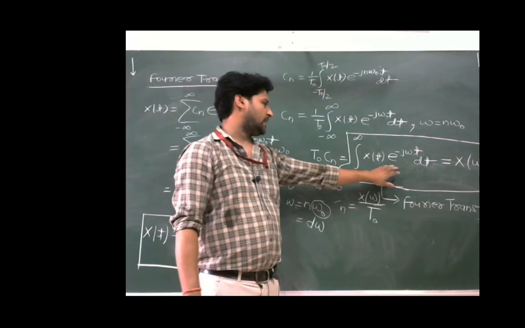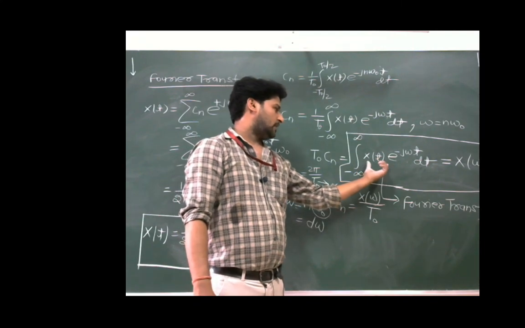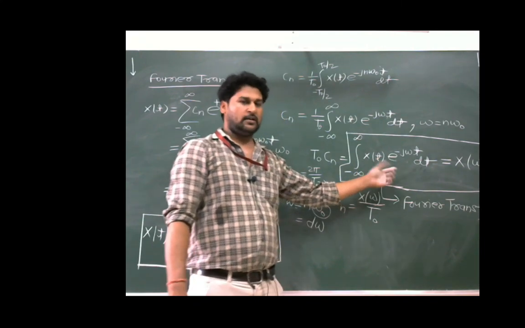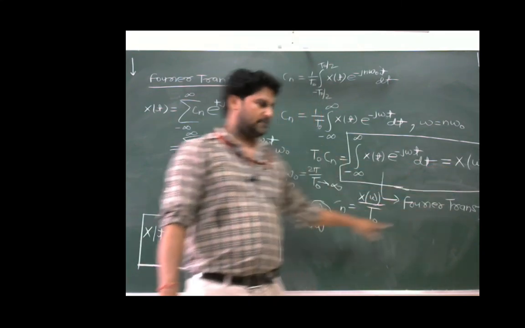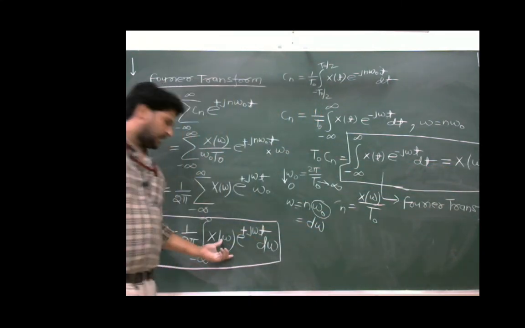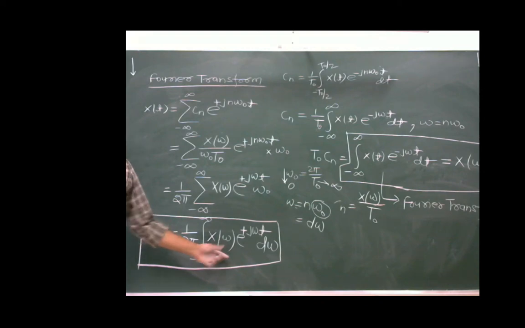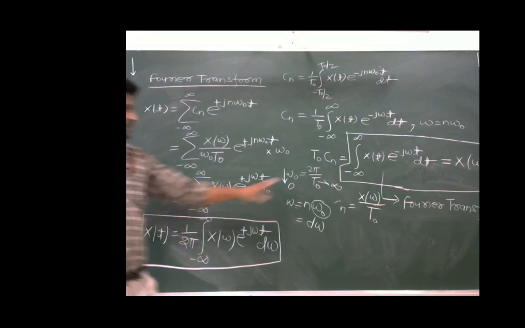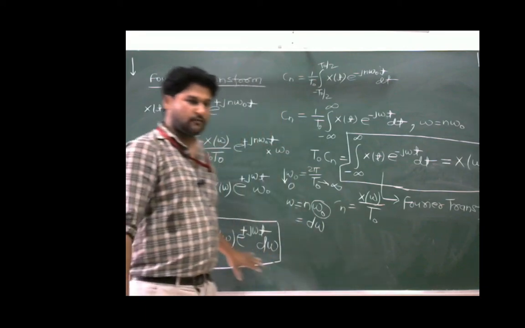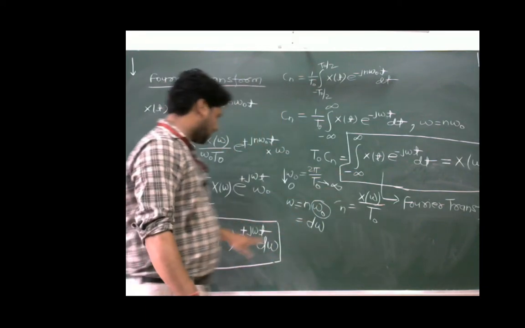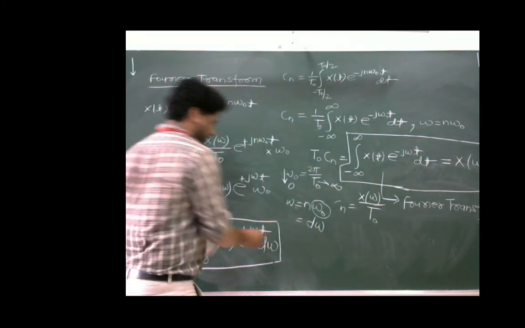This relation converts the signal in the time domain to the signal in the frequency domain X of omega, and this relation converts the signal in the frequency domain to the time domain. This is the inverse relation of that, so it is called the inverse Fourier transform.